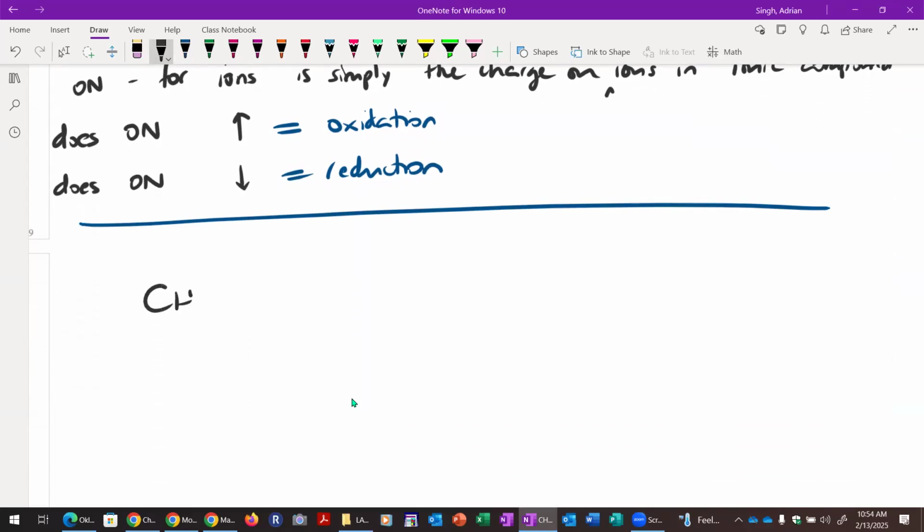If we have CH4 reacting with O2 to produce CO2 and H2O. Okay, so here we don't have ionic compounds, but we do have covalent ones, and we can still apply some of the rules that we saw before.